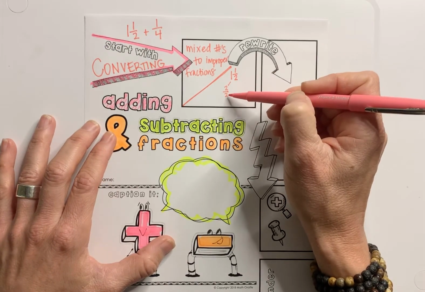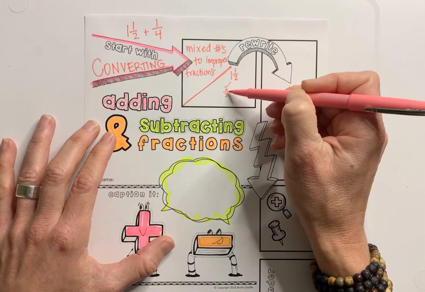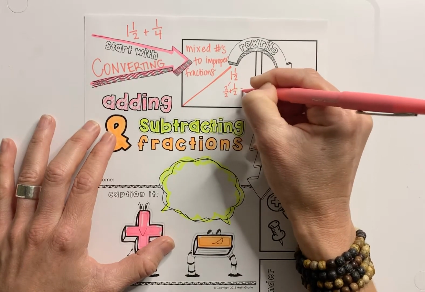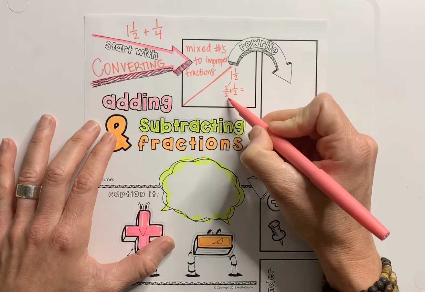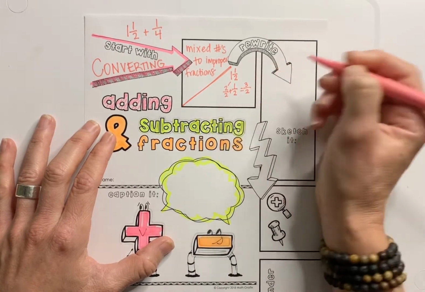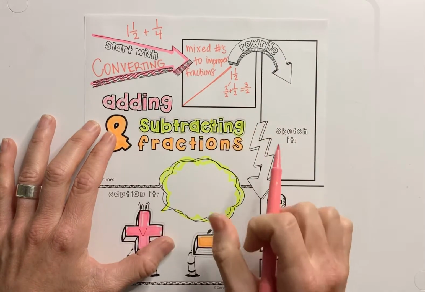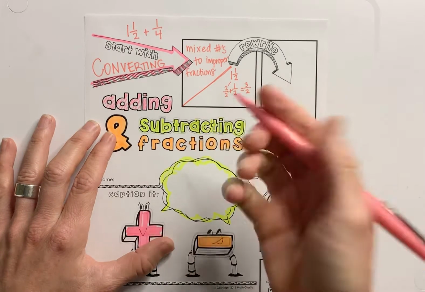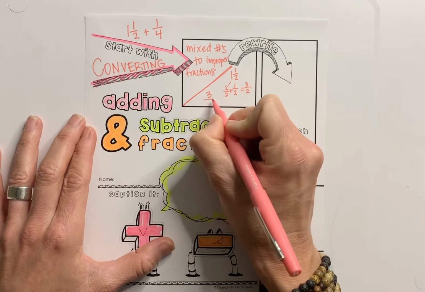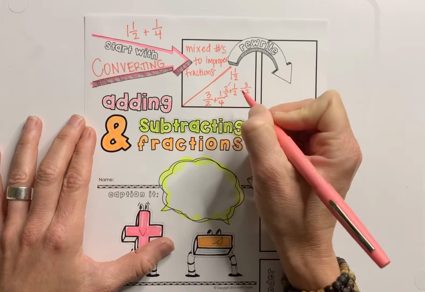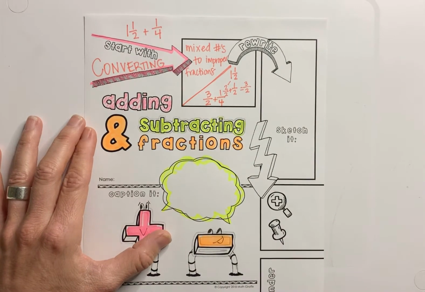So 2/2, and I then have to add it to that 1/2. So 2/2 plus 1/2 is going to be equal to 3/2. Okay, so that 1 1/2 is now 3/2. So I've converted that. So my real problem that I'm working on is 3/2 plus 1/4. Okay, so far, so good.